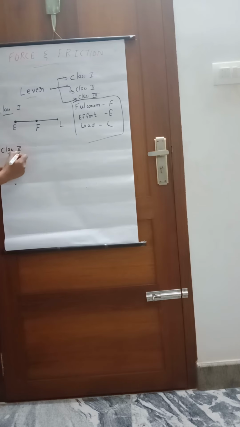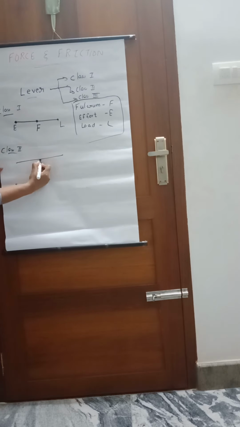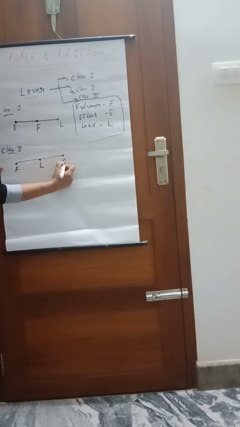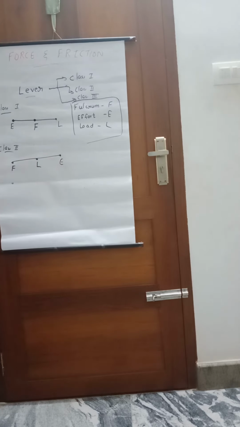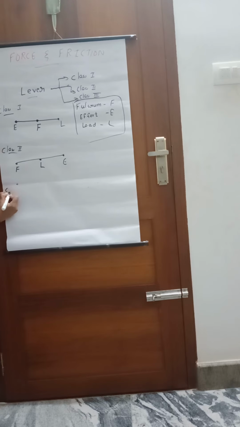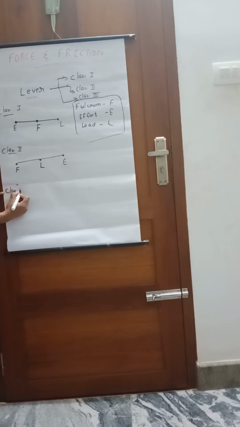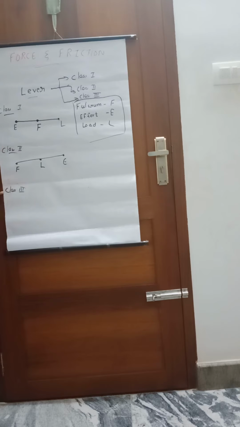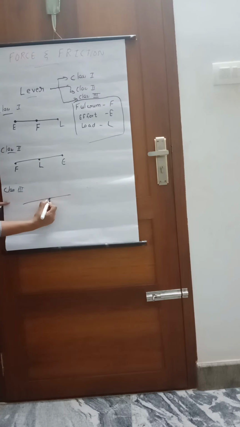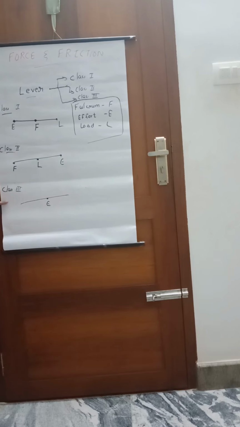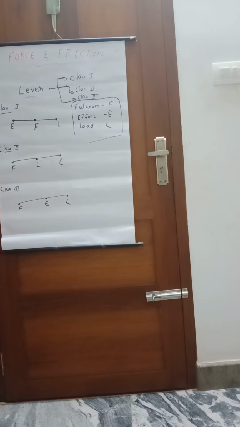In the case of class 2 lever, load will be at the center, fulcrum will be at one end, and effort will be at the other end. So what will be coming at the center position in class 3 lever? Obviously, effort will be at the center position, fulcrum at one end and load at the other end.